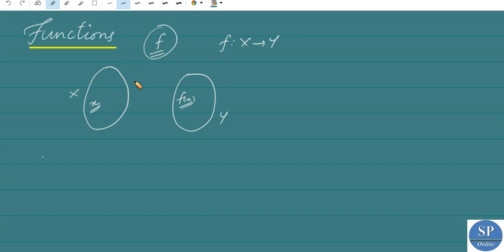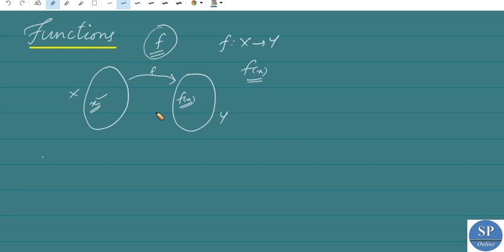Now let f be a function from this capital X to the set capital Y. Then for a point small x in capital X, f of x is called the image of small x under the function f, or it is called the value of small x under the function f.